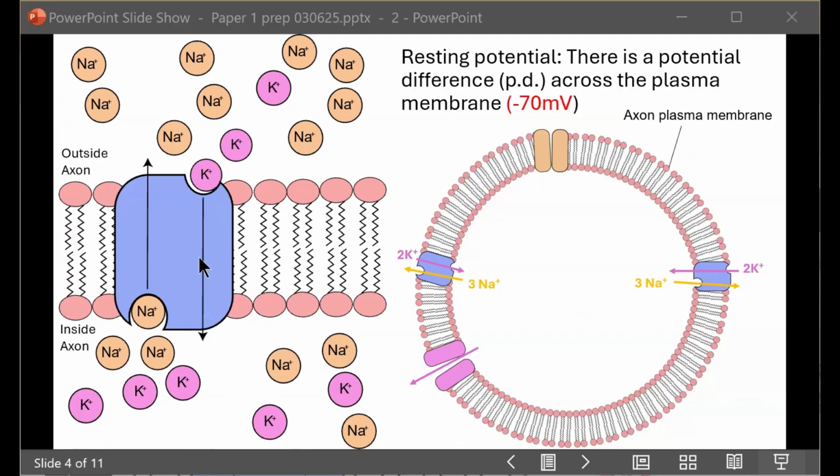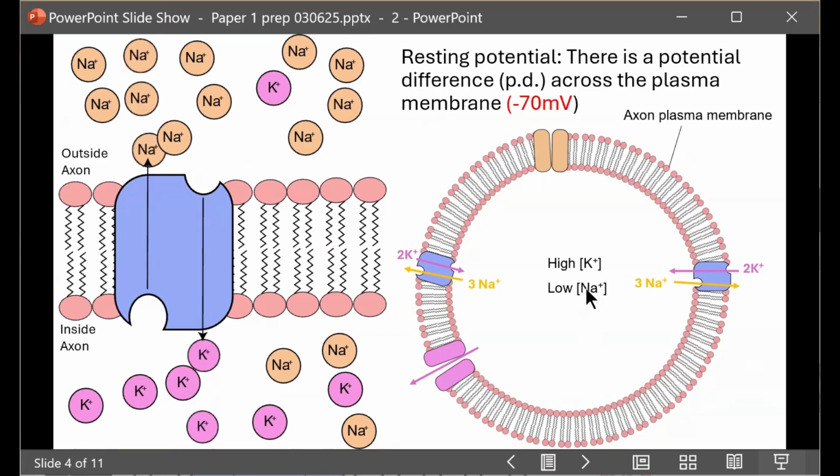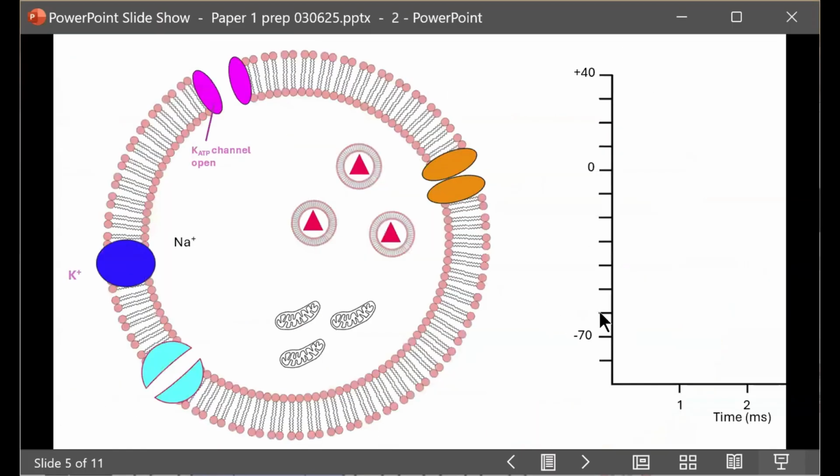So yesterday we talked about the fact we've got our sodium potassium pump, and we've talked about the resting potential. But one of the things that we need to remember is it's all about having high potassium and low sodium. So that's really important. So if we now look at a cell, and this time we're in the pancreas, and we're specifically looking at cells which are involved in our insulin secretion.